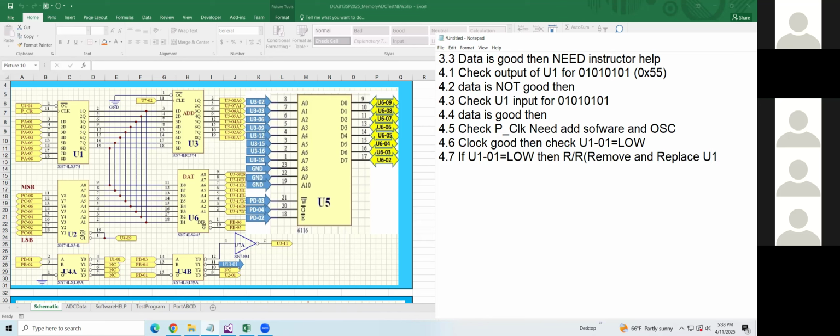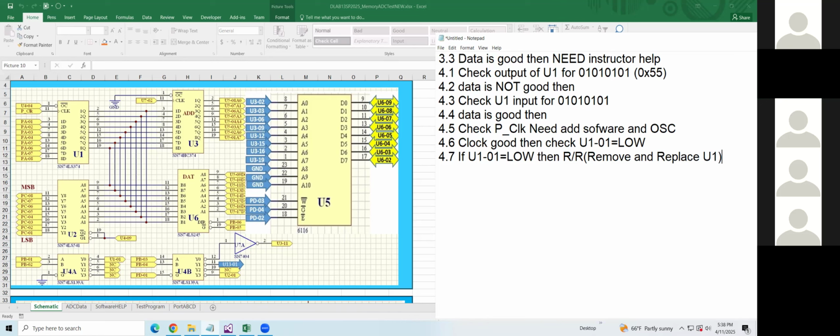The thing is when you come up to me and tell me, okay, I want to get a new IC, then I can ask you how come you want to change the IC?